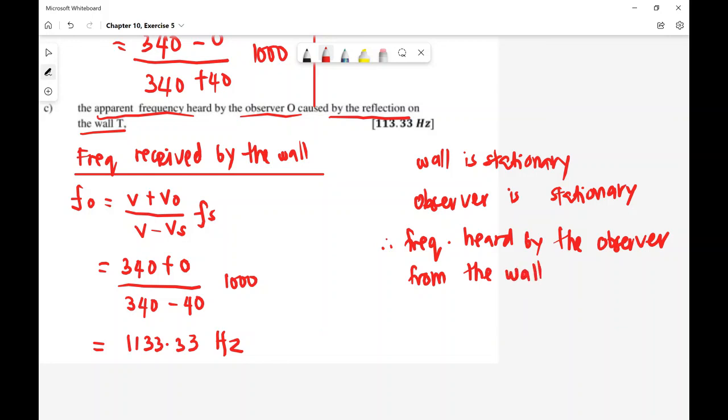Frequency heard by the observer from the wall equals frequency received by the wall. It is 1133.33 Hertz. Okay, thank you class.